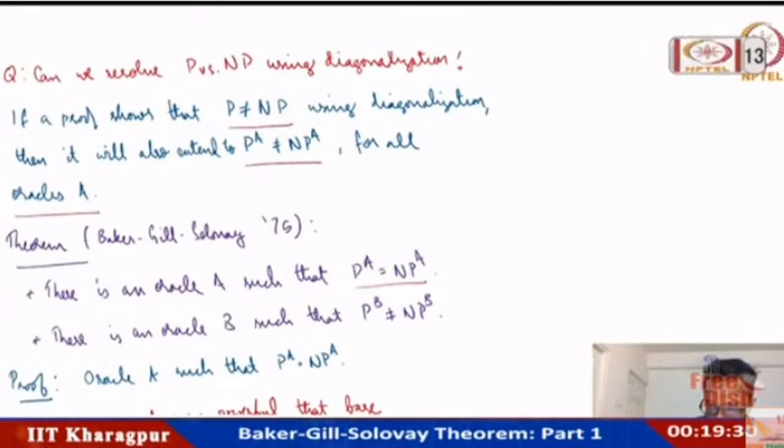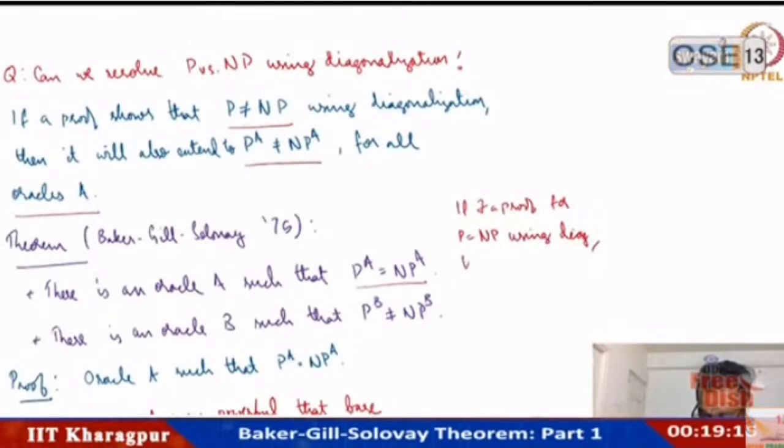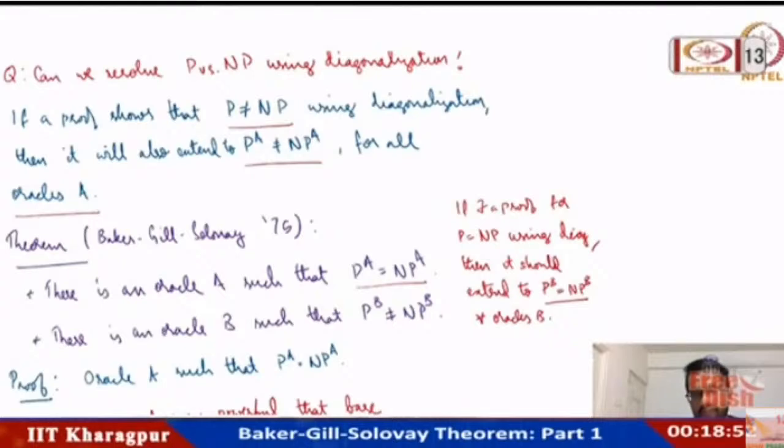Similarly, if there is a proof for P equal to NP using diagonalization, then that should also relativize, meaning it should extend to P^B equal to NP^B for all oracles B. However, Baker, Gill and Solovay showed another oracle B such that P^B is not equal to NP^B.